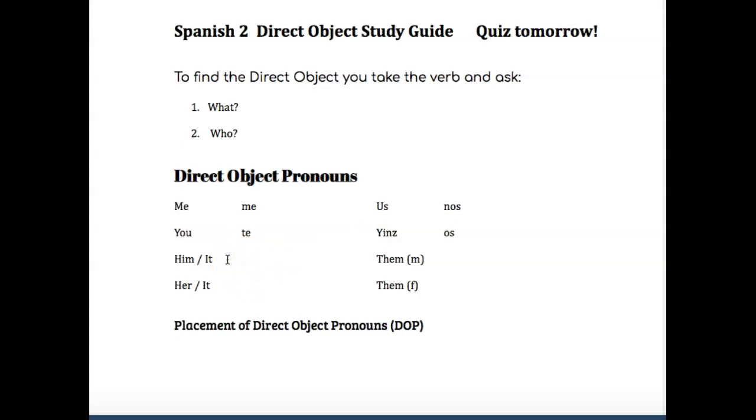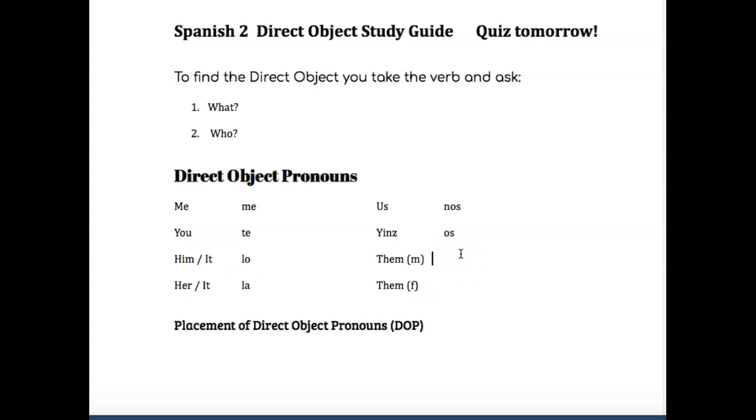If you want to say him, I see him, or it, I need it, masculine, like lapis, we're going to use lo. If it's feminine, I see her, or I need it, maybe it's a blusa or a falda, something feminine, we say la.